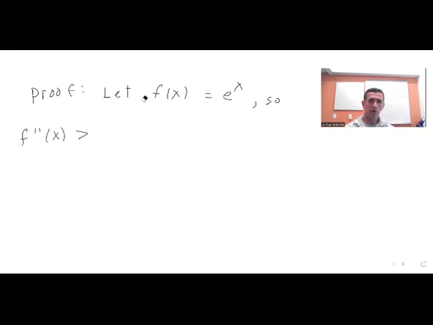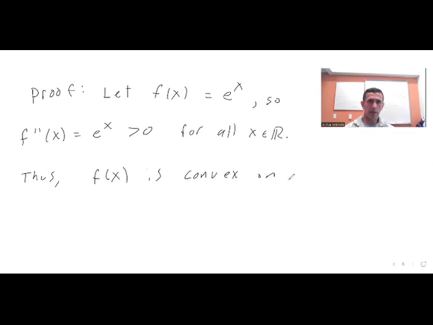So this, of course, is e to the x. It is bigger than 0 for all real numbers. And so that means this is convex on R. So what does that mean?